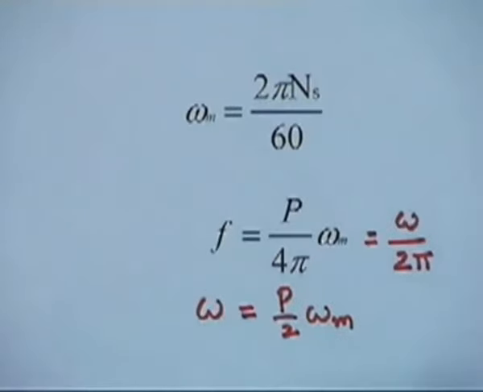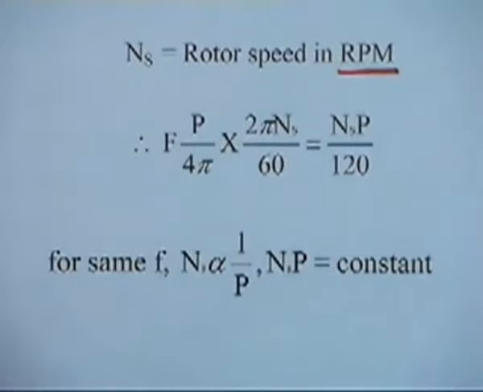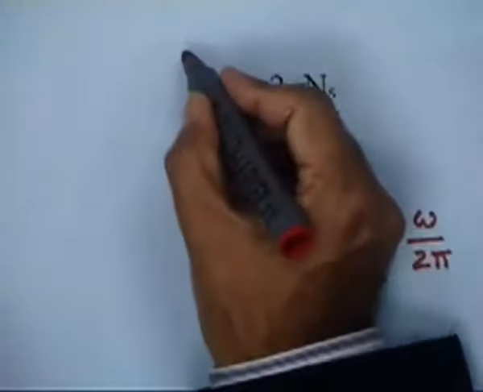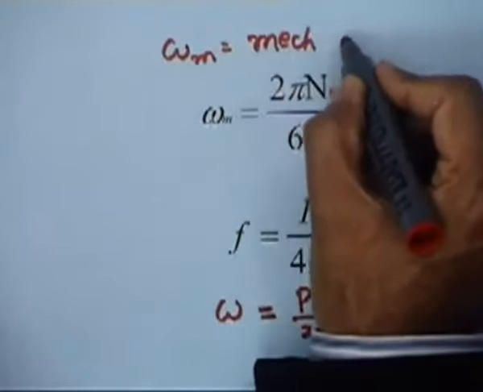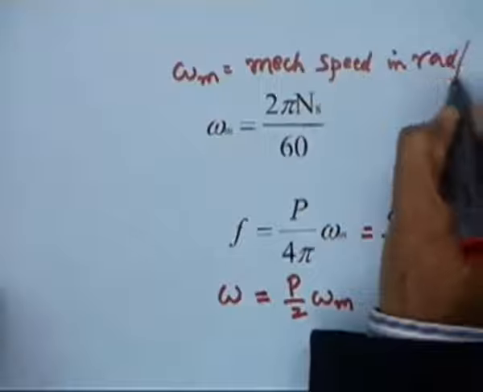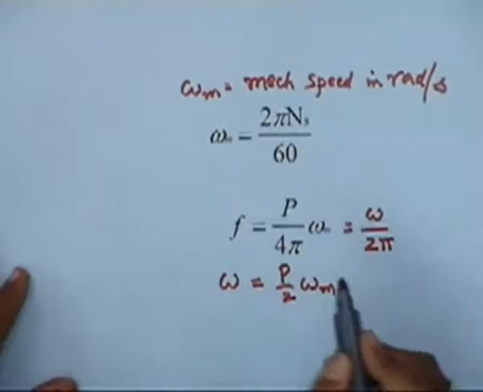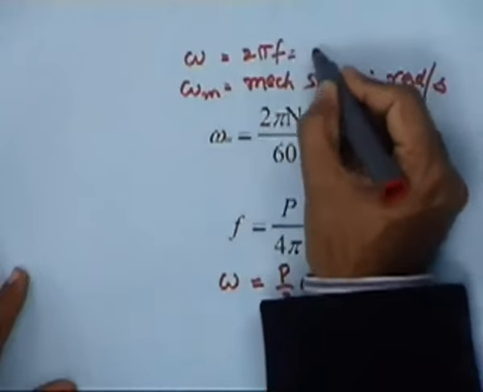So with this relation, it is possible to show the speed. If ns is the rotor speed in RPM, and we have already seen that omega m is the mechanical speed in radians per second, this is omega m, and omega, which is 2 pi f, is the electrical speed.